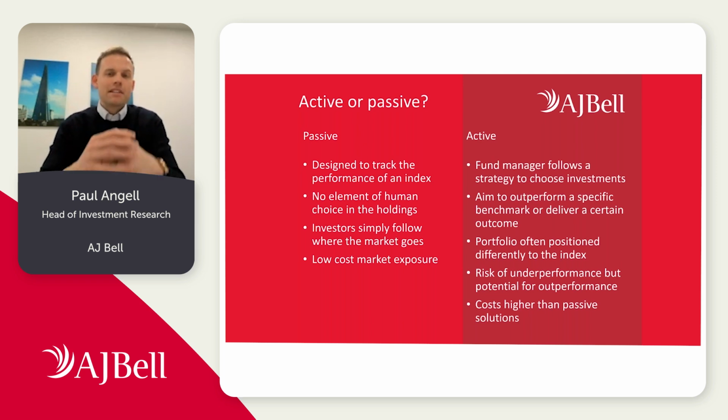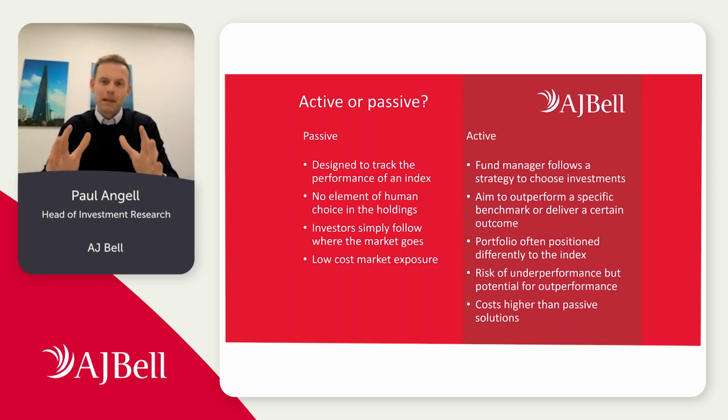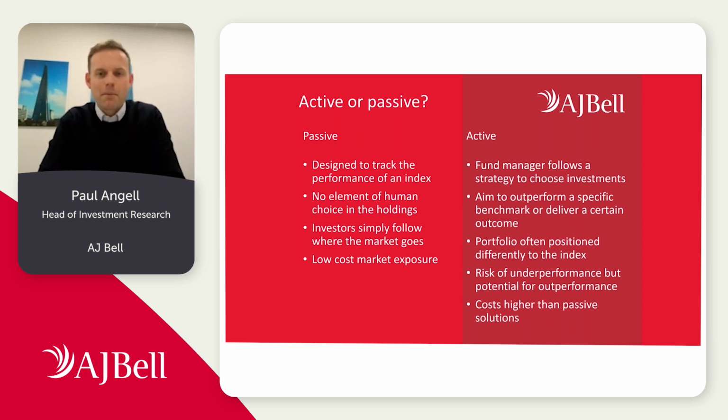They will not be invested in the whole of the market. They will have picked a few stocks, combined on the view that these will outperform the market over the long term. They will therefore tend to almost always be more expensive than a passive offering, and they also have the risk of underperformance as well as the chance for outperformance too.